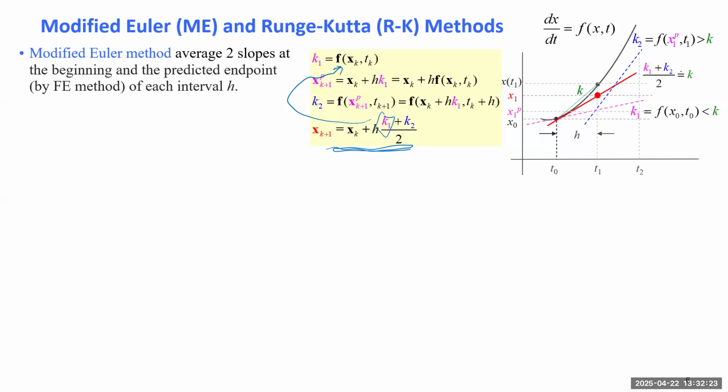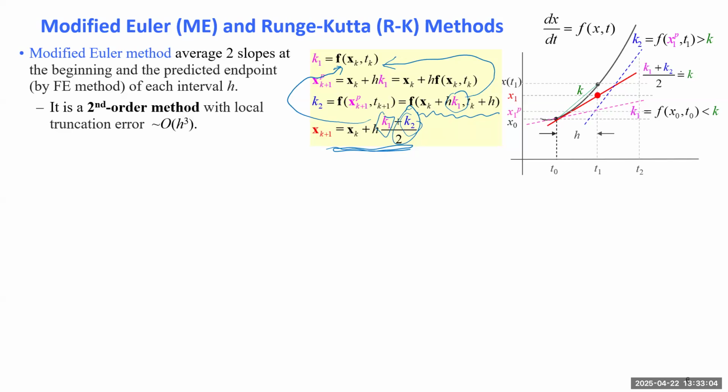K2 comes from here, which also seems to be a first order derivative. But if I plug K1 into the formula of K2, and then into the last formula, there will be a compositional function of F involving another F. Each F is a first order derivative, so K2 is actually equivalent to calculating a second order derivative. So this is a second order method.